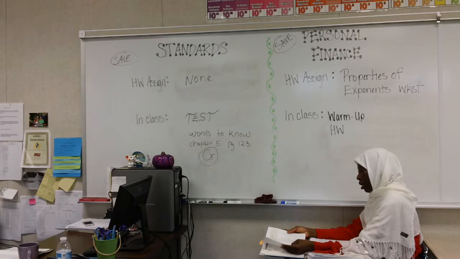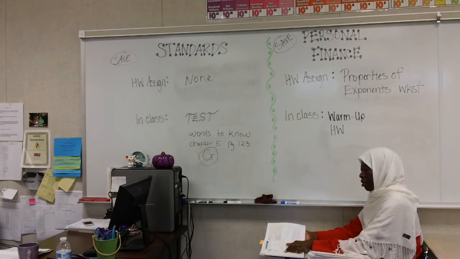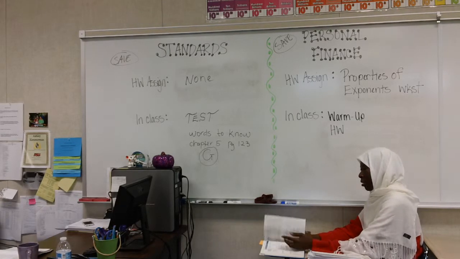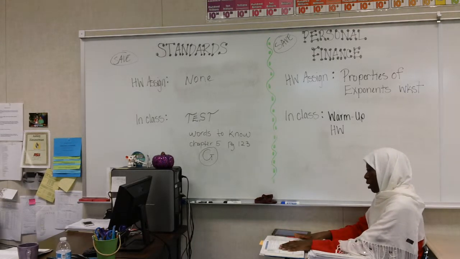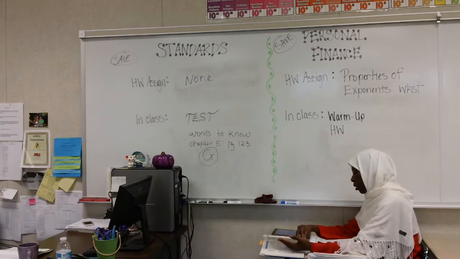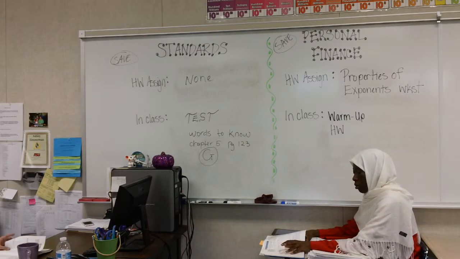Can you say that one more time? The exterior angles of the triangle. They just finished the angles in a triangle and then classifying triangles, then the next thing is exterior angles of the triangle. Okay, that's good. Keep it that way.